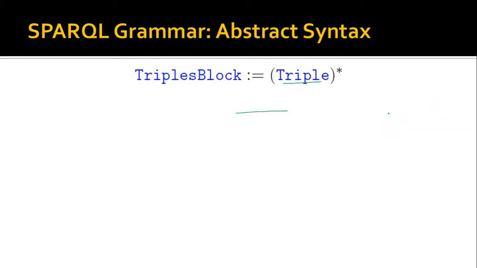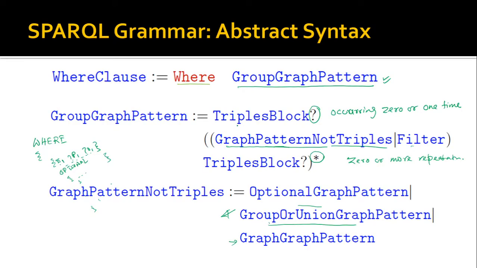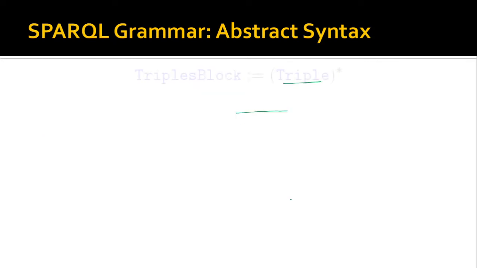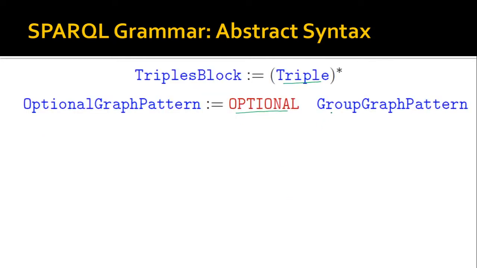So if we go back to the earlier slide, you see that the group graph pattern can contain one graph pattern not triples, and this graph pattern not triples can contain one optional graph pattern. So that means one optional graph pattern may contain inside another optional graph pattern. So this is a kind of recursive representation we are talking about, right?